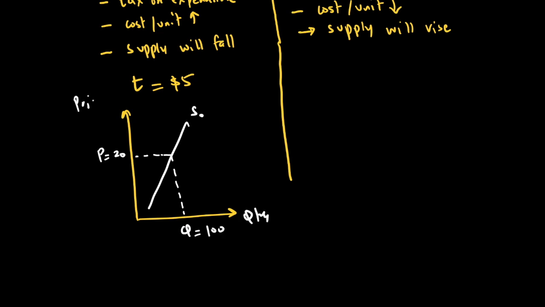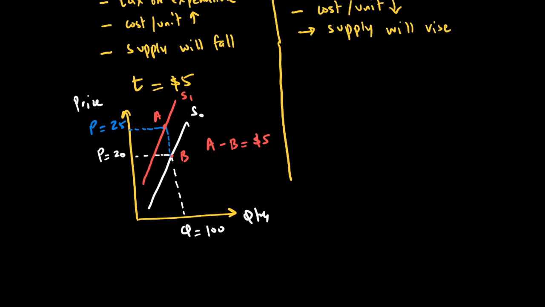And then the government decides to put a tax of $5. The supply curve will shift upward vertically by $5, where the new price for the same 100 units would be $25, and this vertical distance AB will be my amount of the tax, which is $5.